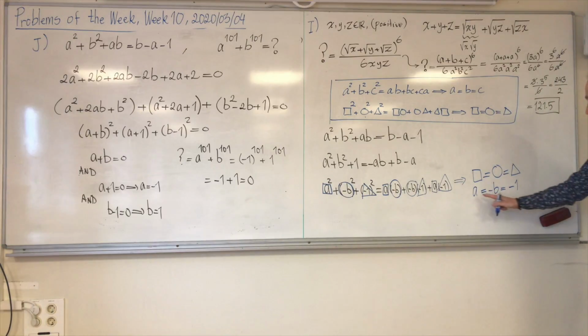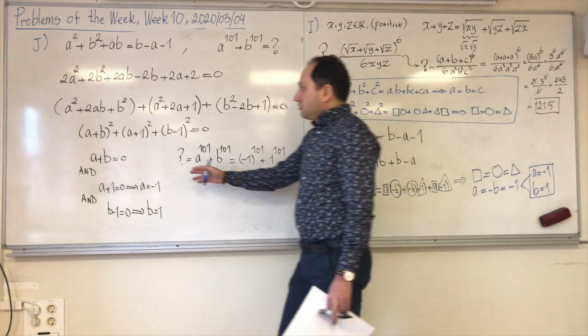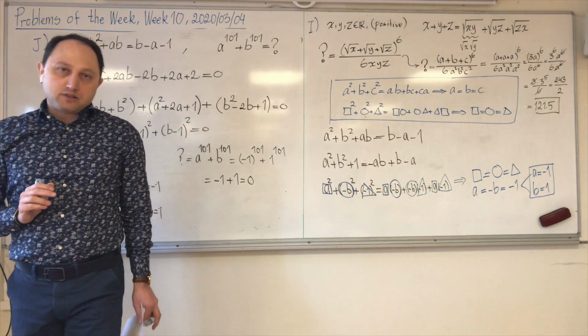You see, a is equal to minus 1, minus b is equal to minus 1. So this means that a is equal to minus 1, but b is equal to 1. And these are exactly the same answers that we got just doing everything from scratch.